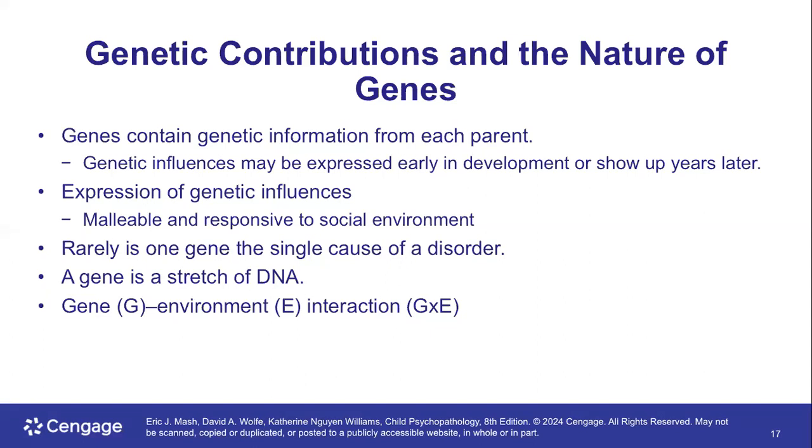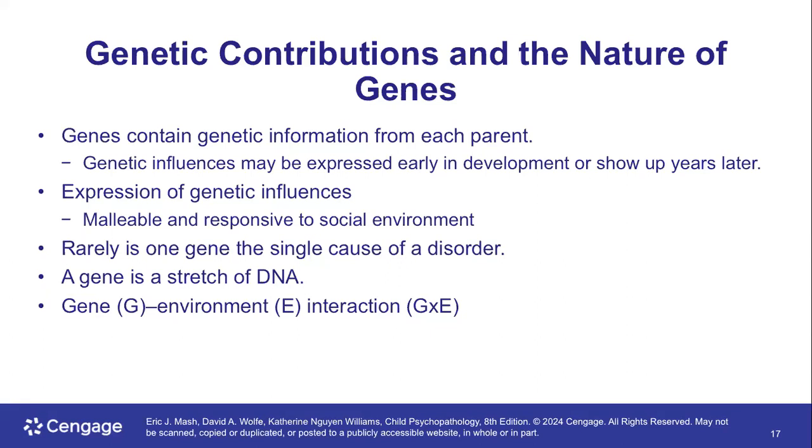So if we were to think about chromosomes and start there, chromosomes are large strands of genetic material. And typically we have 46 chromosomes or 23 pairs. And genes are smaller segments of genetic material that are on the chromosome.